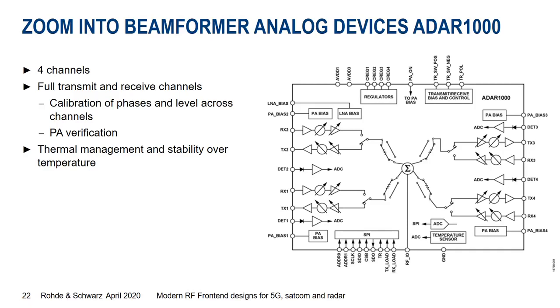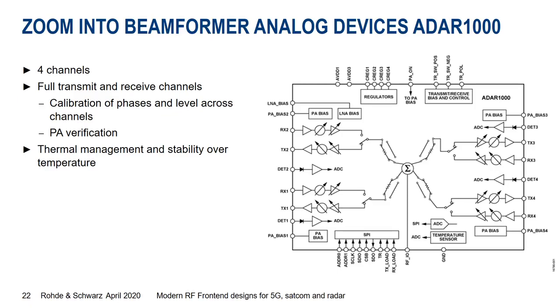What we are doing is sending one signal in, we have one connection to the main system, and the signal is then split in this example into 4 channels. And each of those channels has a separate transmit and receive path.